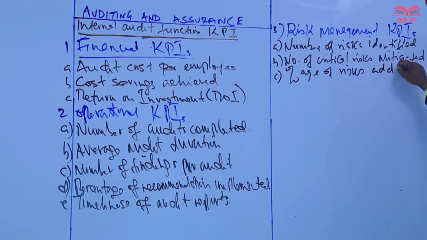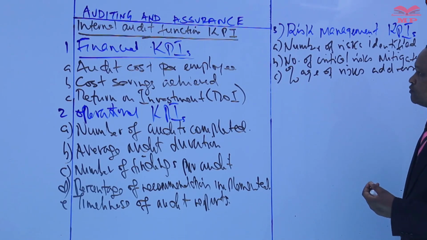Let me use addressed. Percentage of risks addressed. This indicator measures the overall effectiveness of the internal audit function in managing risks. You understand?